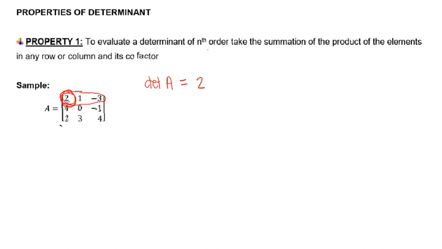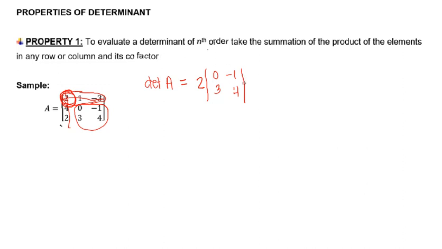So we're gonna eliminate first row and first column. And what's left over is this element. So we're gonna write that is 0, 3, negative 1, and 4.